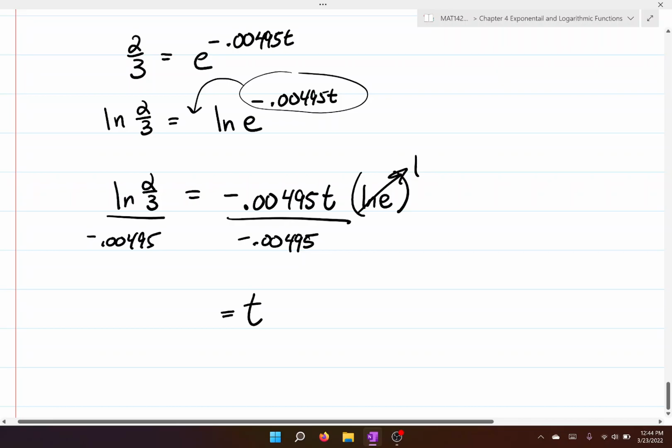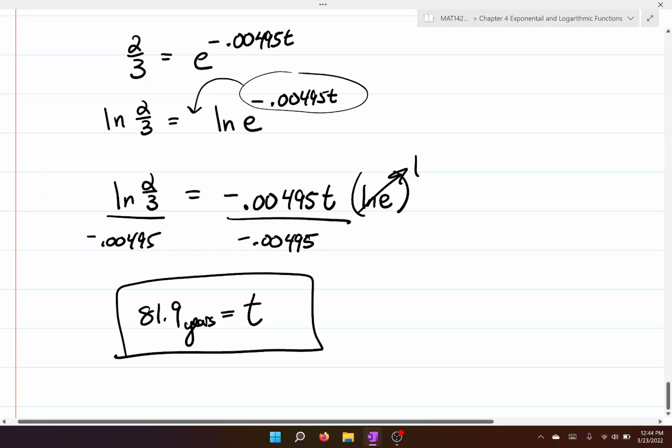And that's going to give us t equals approximately 81.9 years. So if you just have 300 grams of polonium just sitting there, it's going to take about 81.9 years, I'm sorry, not years. Forgot, this is in days. It's going to take 81.9 days to go from 300 grams down to 200 grams.